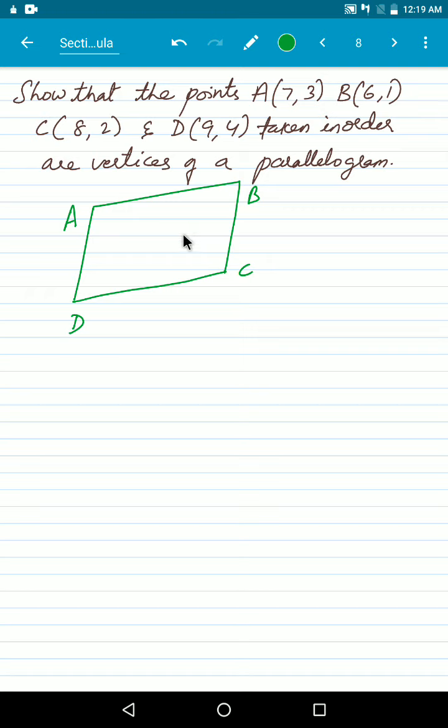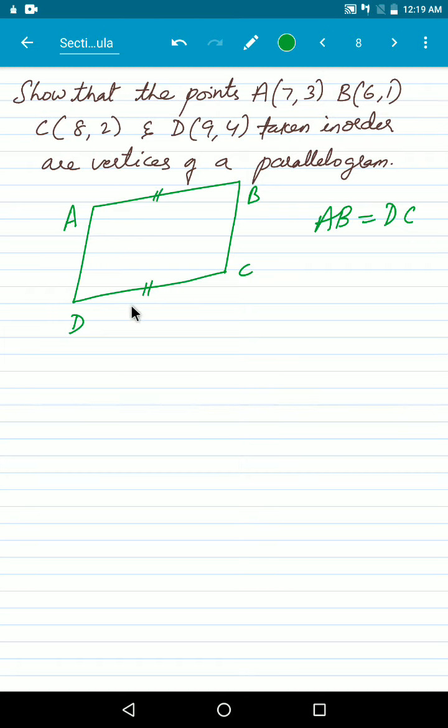Now if we were using the distance formula to solve this problem, we would find the distance between these two points AB, and then find the distance between DC. These two distances will be equal because we should prove that it is a parallelogram, right?